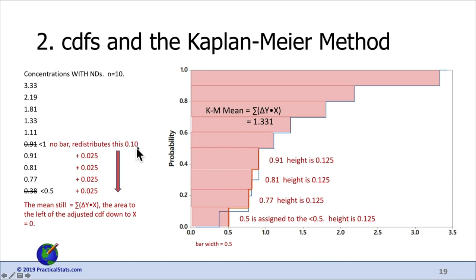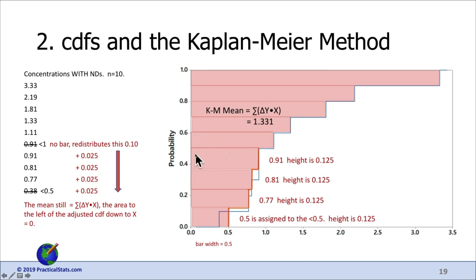This value that was 0.1 representing the weight, the information that's in this less than 1 now is going to be redistributed down to the detected values and the lowest non-detect further down. And that will happen for each of the detection limits.